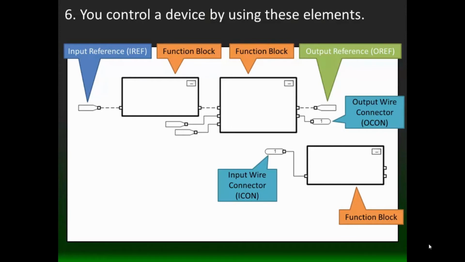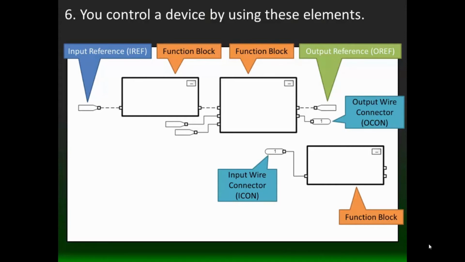And there's many different types of function blocks. You could use a function block to indicate a state of the input reference and then use that along with other input references in another function block. As you see here, you have an input reference coming in the first function block. The output goes into a second function block along with 2 other input references. And then coming out, you have an output reference.